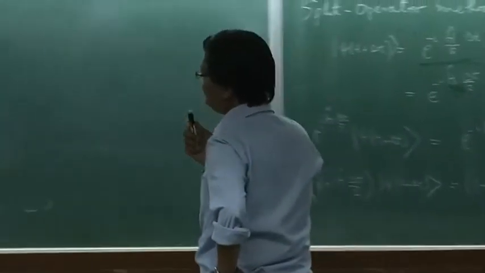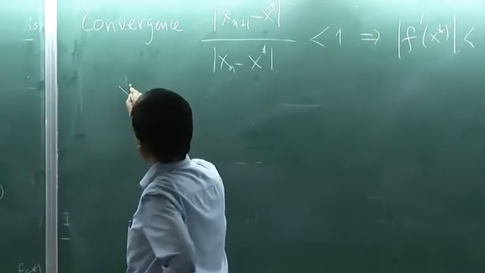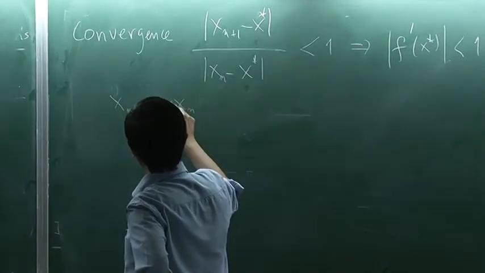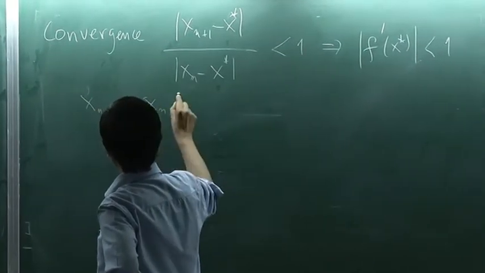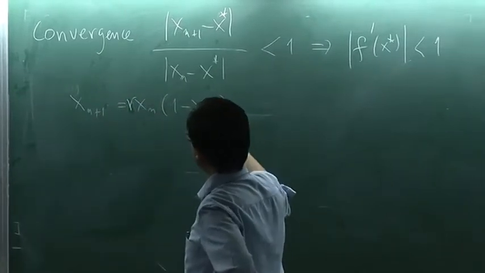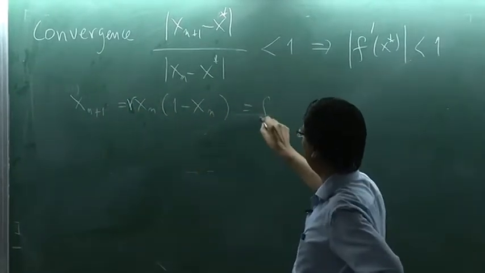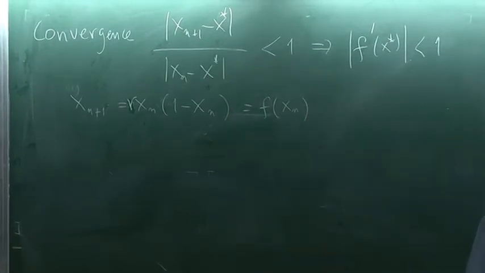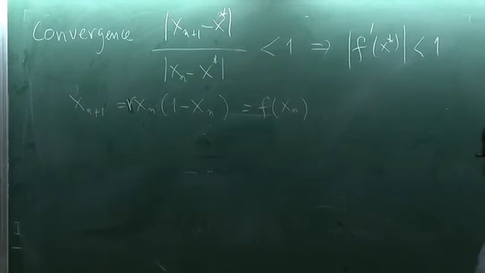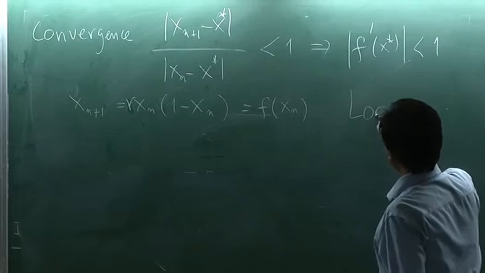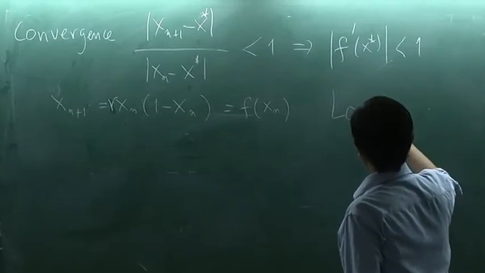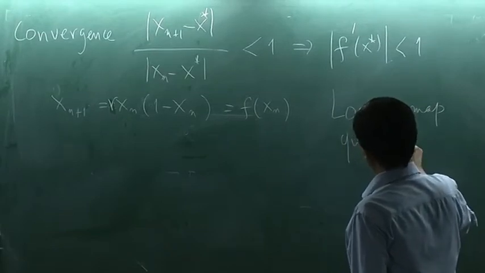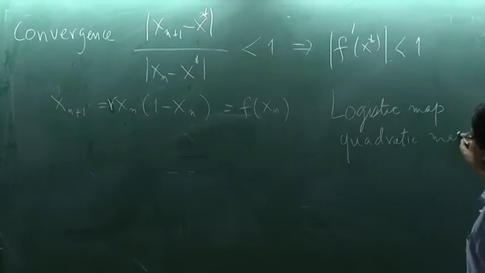There is a famous and fascinating equation, x_(n+1) equals r x_n (1 minus x_n), that is, f of x_n. What is it called? It is a quadratic map or logistic map, or Feigenbaum map. It has many names.